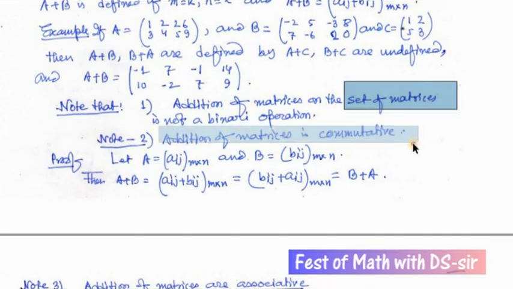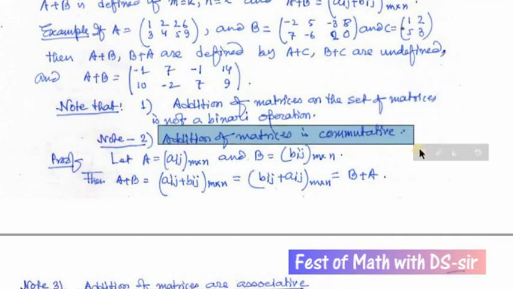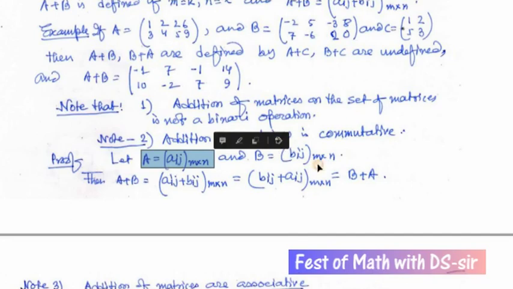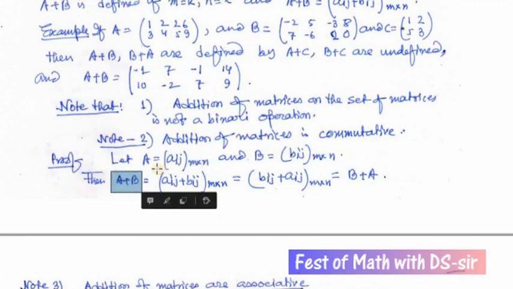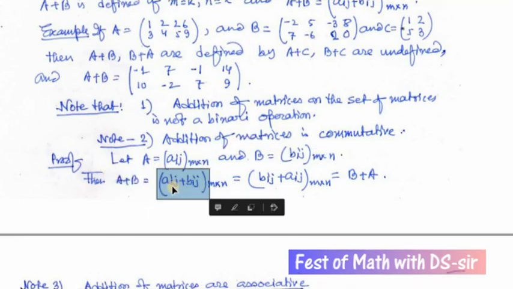Addition of matrices is commutative, that is A plus B is equal to B plus A. I have given the proof. Let A is equal to [aij] m by n, B is equal to [bij] m by n. So they have the same order, so addition is possible. So what is A plus B? A plus B is [aij plus bij]. That is a11 is added with b11. Now see, aij and bij represent two numbers, and on the numbers, addition is commutative.